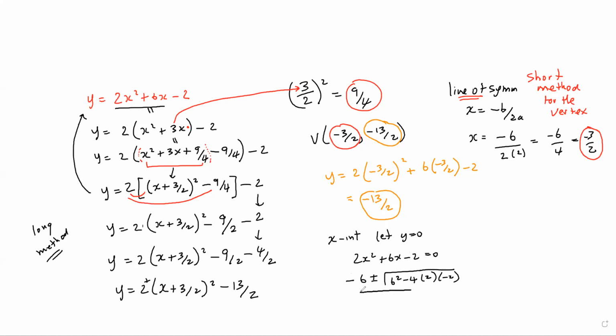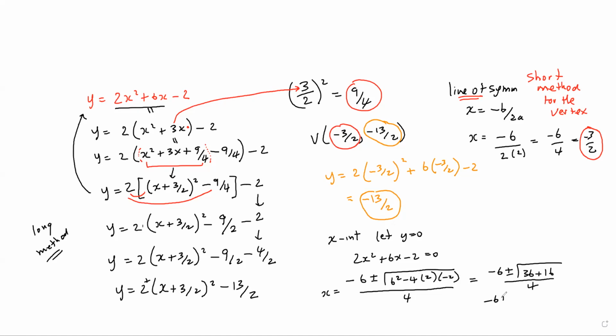Okay, I didn't write the formula, I'm just putting the numbers in. On 2a, 2 2s are 4. So this is the way to get your x-intercept. So minus 6 plus or minus the root of 36 plus, 2 2s are 4, 4 4s are 16, so 2 4s are 8, 2 8s are 16, plus 16, on 4.